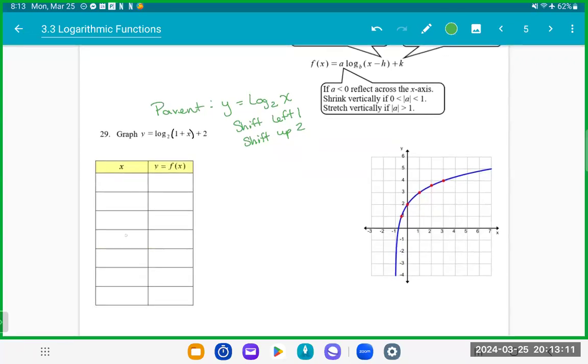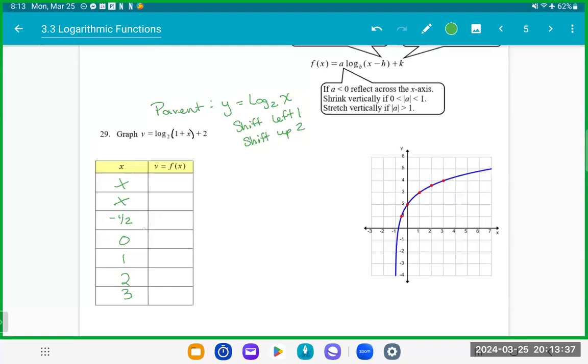So we'd still want the -1/2 on the x, then 0, 1, 2, and 3. We can't have an x value less than -1, because it'll give us a 0 and you can't do the log of 0, or the log of a negative.